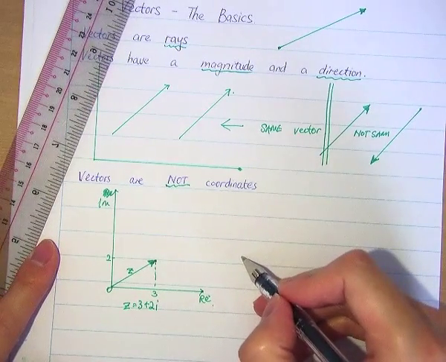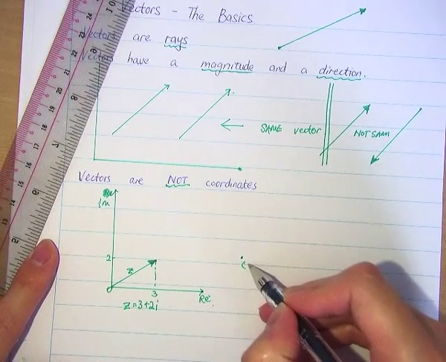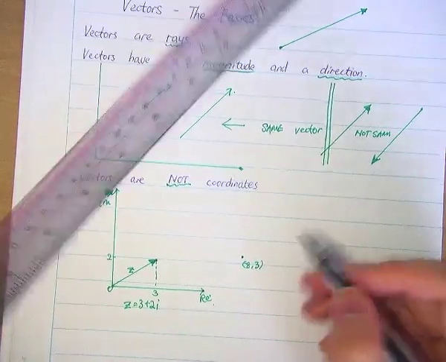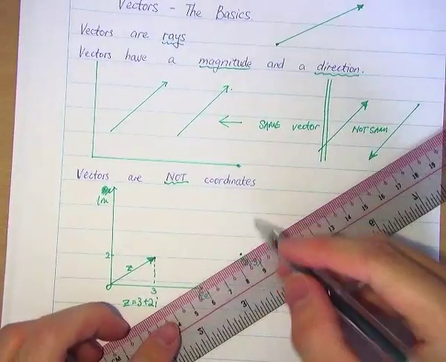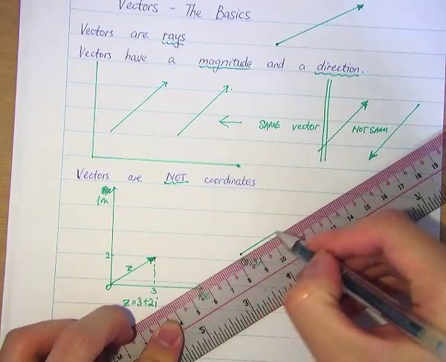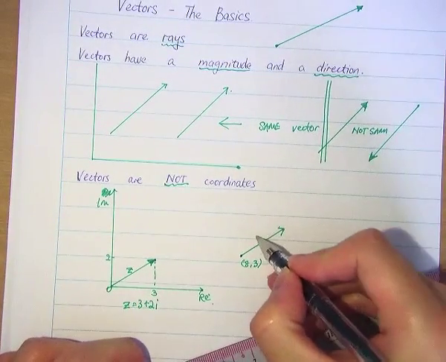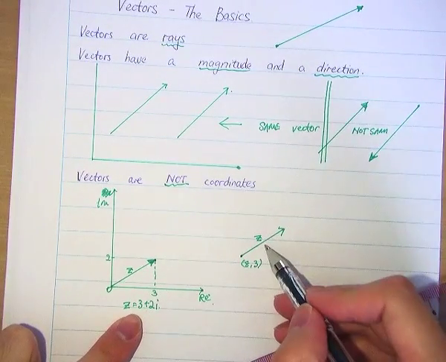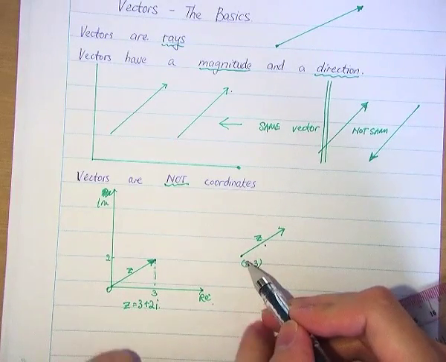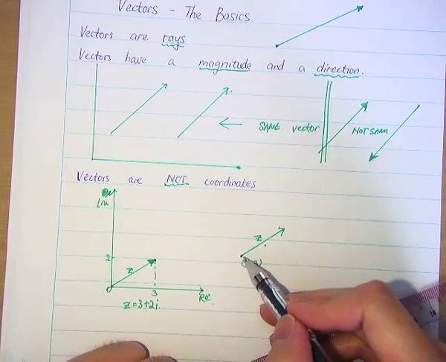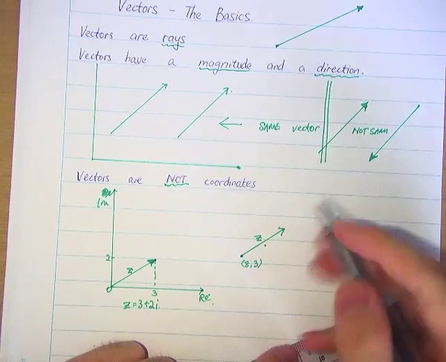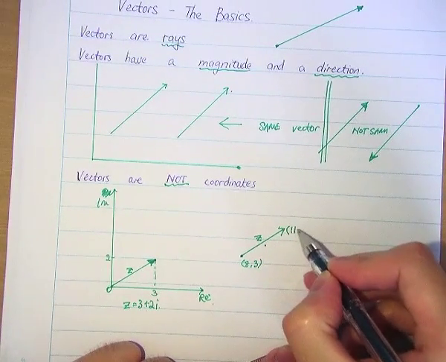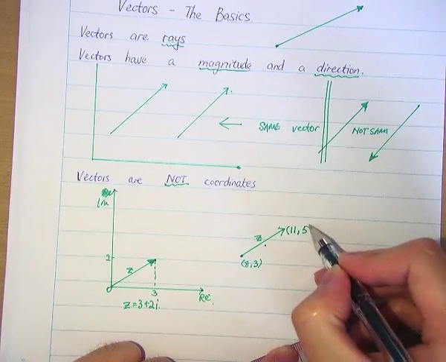Now, let's say over here, we've got this coordinate. Let's just make this 8, 3. I could draw the same vector z over here, like so. And this vector is still 3 plus 2i. So the way that the vector interacts with the coordinate it starts from means that the finishing point will be 11, 5.